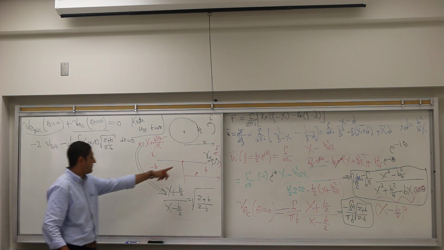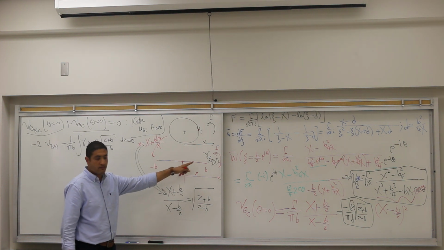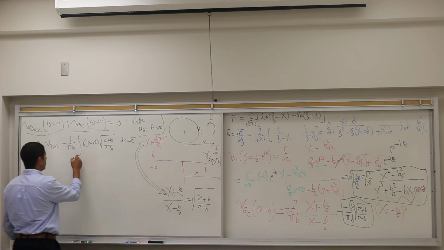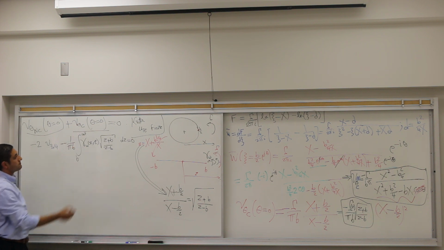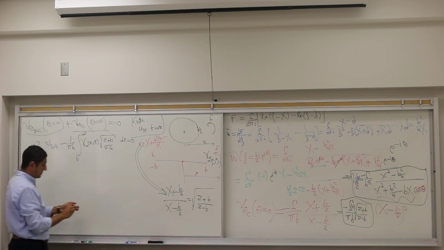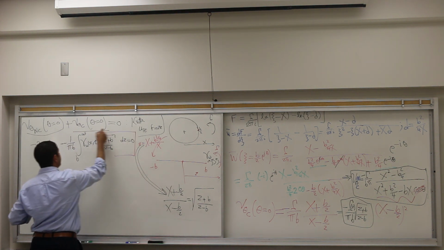Does this start, will you have a wake vortex here? Because this is on the plate, so the wake starts from where? B. From B until what? Infinity. Right? So here is your governing equation.